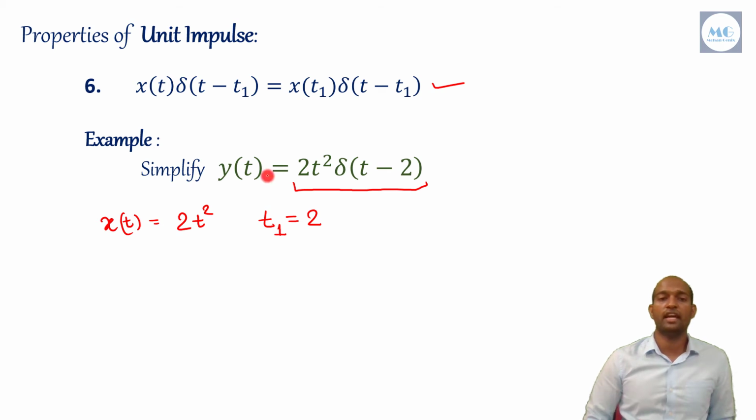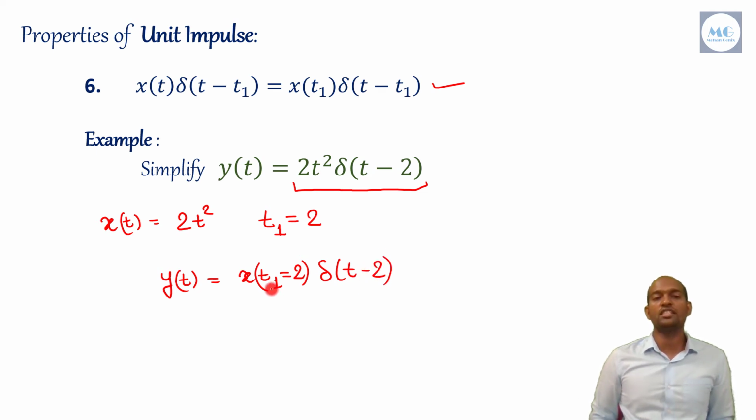For the right hand side, we have to simplify. If y(t), then I can write that y(t) will be x(t1). What is the value of t1? t1 is 2. x(t1) is equal to 2δ(t-2). Now we just have to replace t in x(t) with 2.